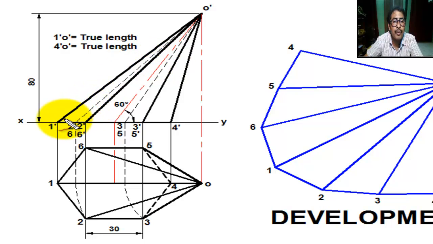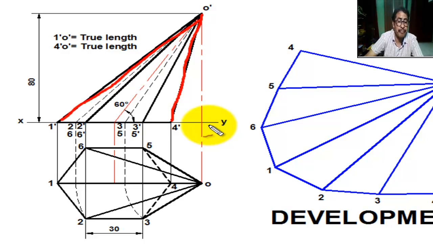Now in front view, edges 1 dash O dash and 4 dash O dash are true length, because in top view 1-O and 4-O are parallel to XY line.